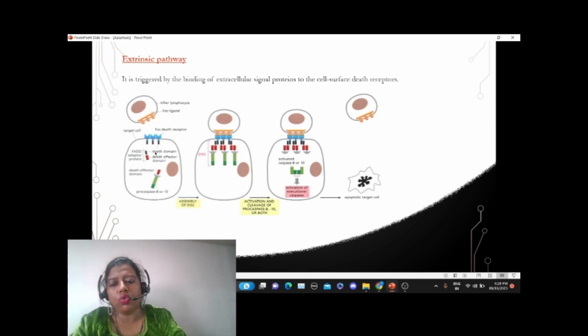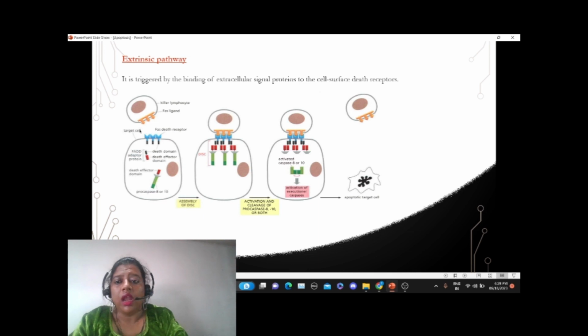FADD contains two domains, the death effector domain and the death receptor domain. The death effector domain will activate a procaspase because, as I have already mentioned, to initiate the process of apoptosis, initiator procaspases are activated. So here in the case of the extrinsic pathway, procaspase 8 or sometimes procaspase 10 is activated by FADD.